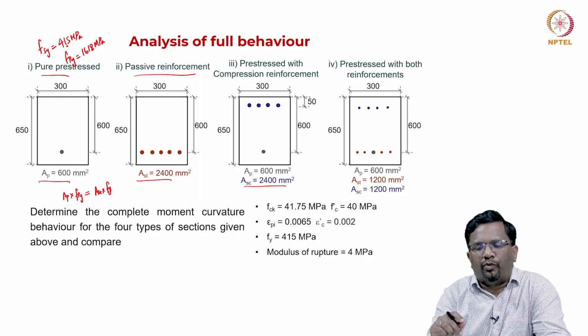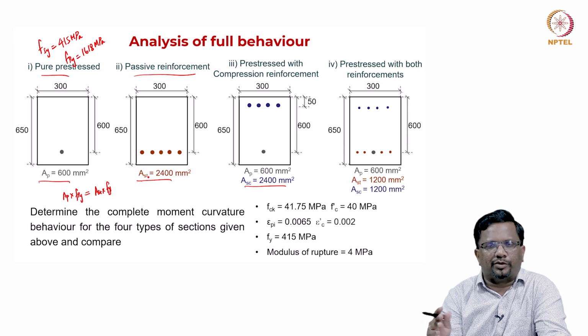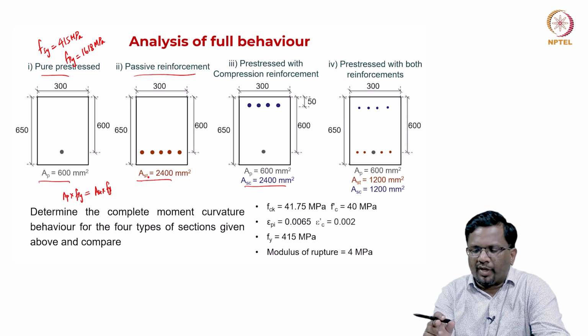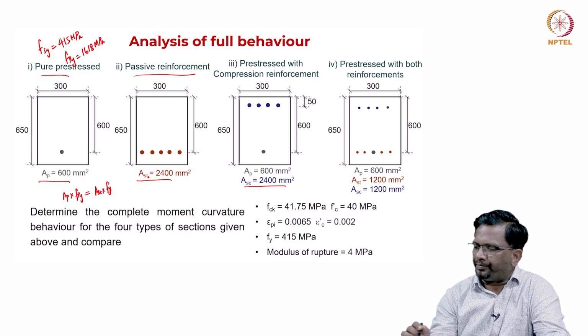So, 4 into 415 is roughly about 1660. That is nearly the same. That is the reason we are taking 4 times. It is not exactly the same, but nearly the same, just to get an idea.